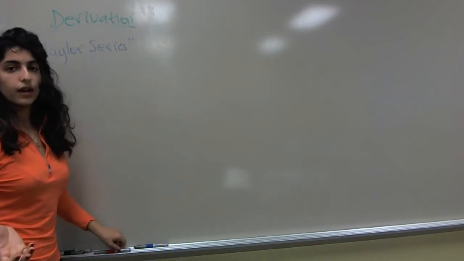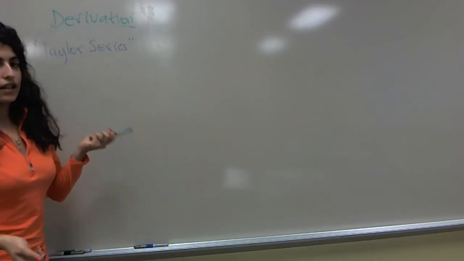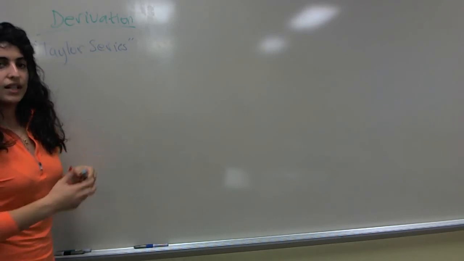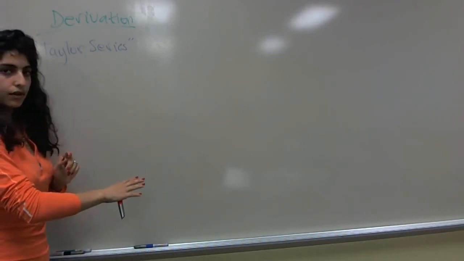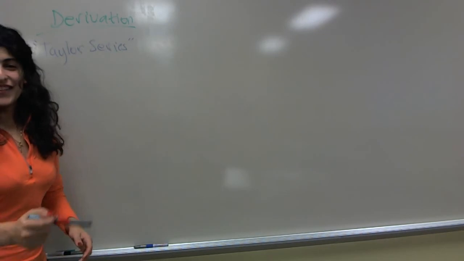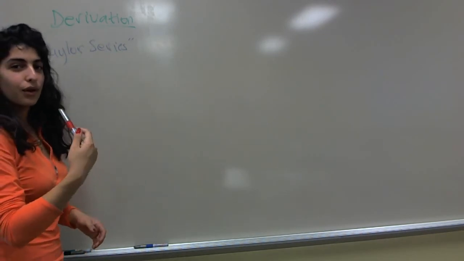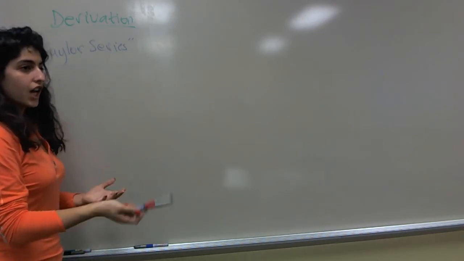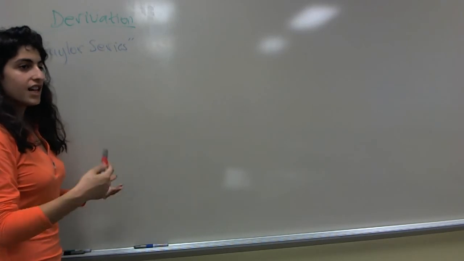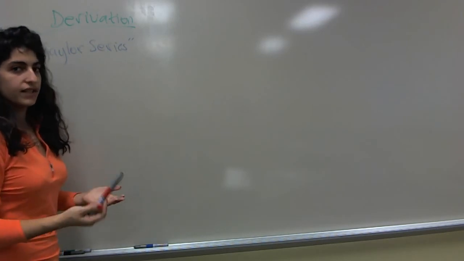Oh, and don't forget that since dF is a quadratic equation, those higher order terms, do you remember those? Those higher order terms will go to 0, because anything higher than second order is just going to be 0.